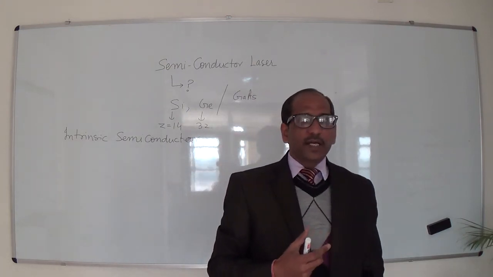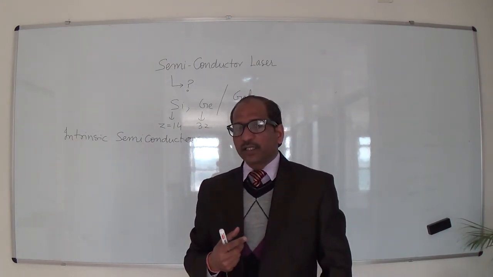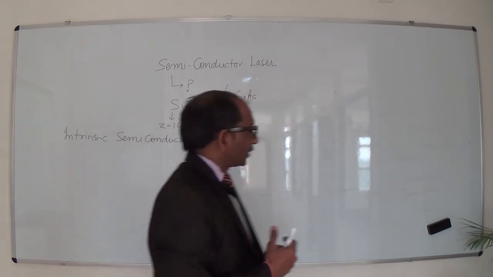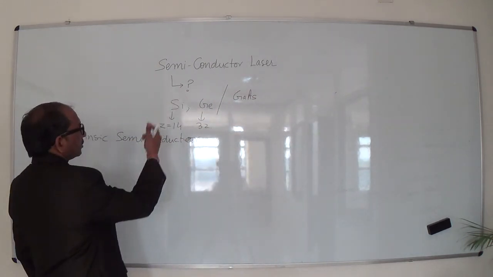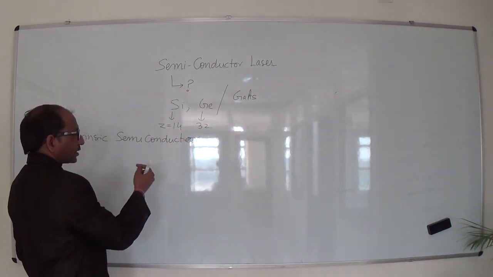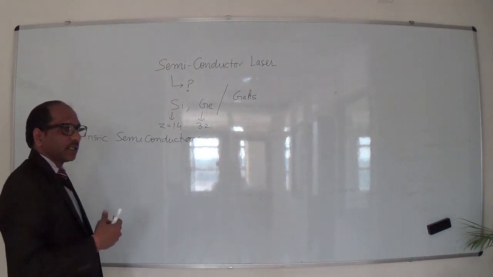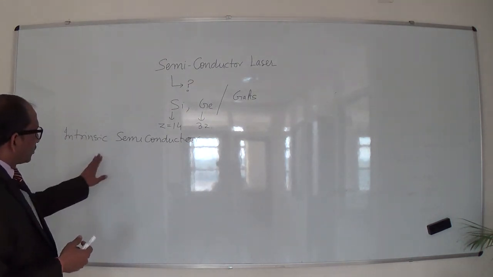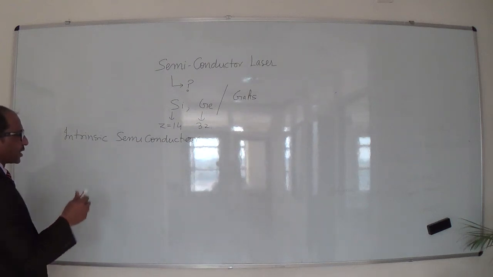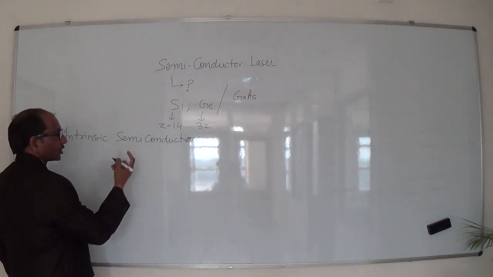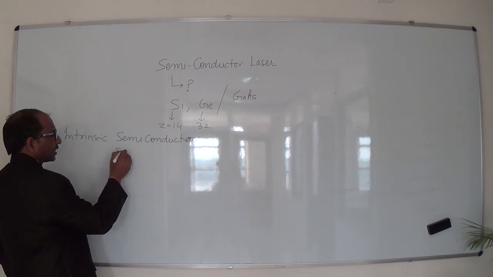What is the requirement to explain here? Basically, there are many misconceptions related to the basic structure of the semiconductor. That's why I thought to explain about it. The intrinsic semiconductor, whether that is silicon or germanium. So I am taking silicon here.